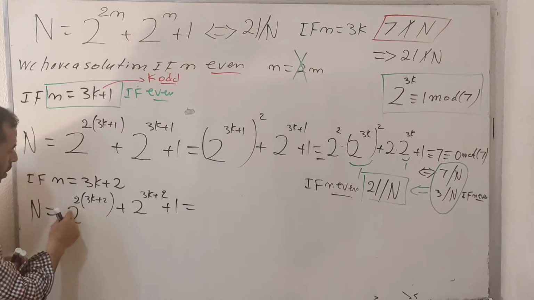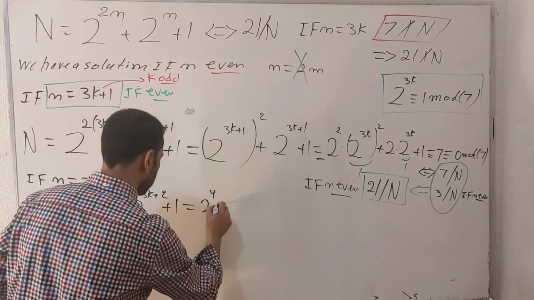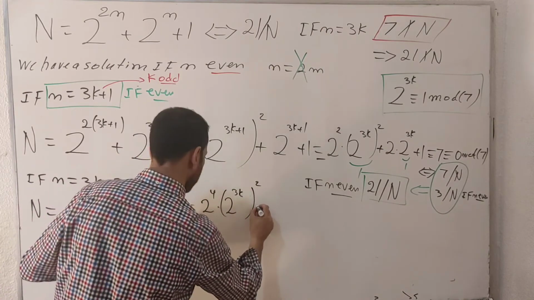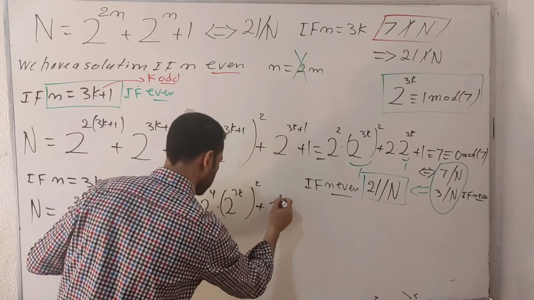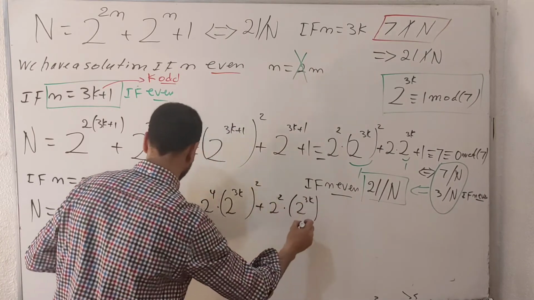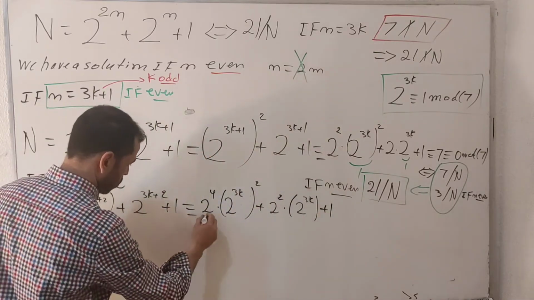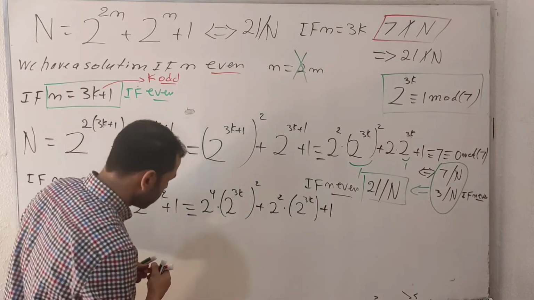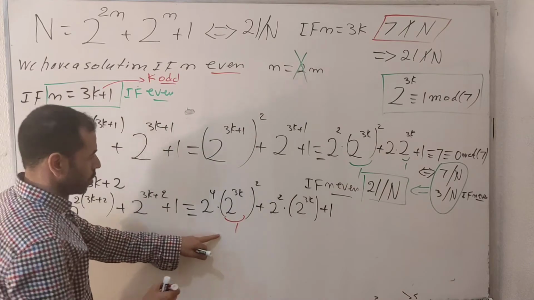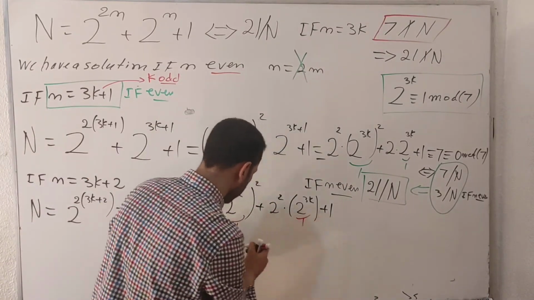Now, by taking 2 to the 4 out as a factor, I will have 2 to the 4 multiplied by (2 to the 3k) squared, plus 2 squared multiplied by 2 to the 3k, plus 1. As we said before, this one is congruent to 1 mod 7, and this one also is congruent to 1 mod 7.